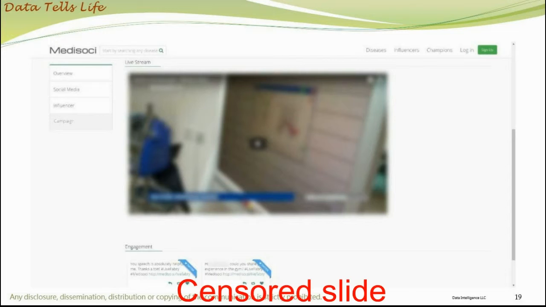And for MediSoci, the meaning is not only to educate patients, as patients can go to this platform to share their real-life experience in a secure way. All of these messages can be analyzed again to give us a disease map with real understanding of the disease, and also to monitor whether certain symptoms, for example, have a relationship with certain geographic areas.